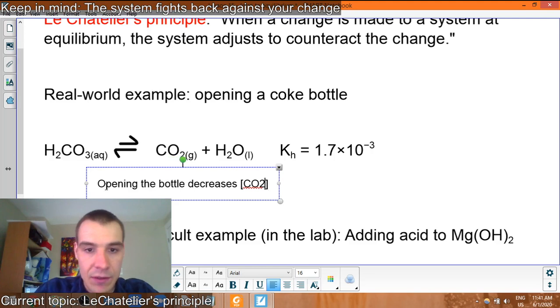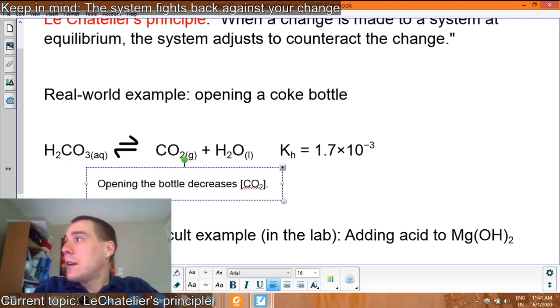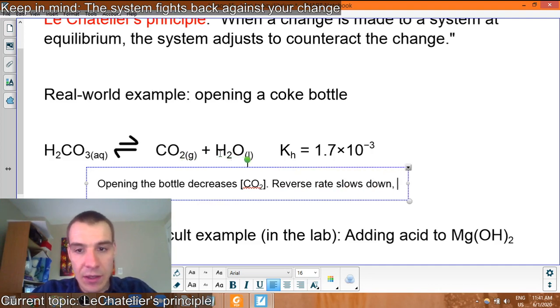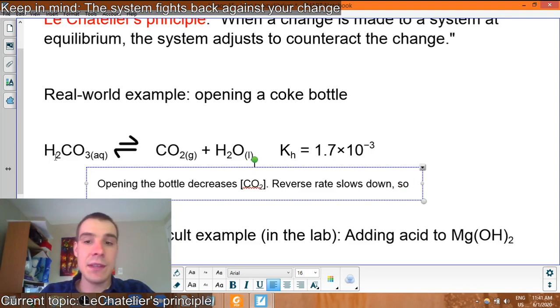Because it decreases the amount of CO2, now this reaction slows down, so the reverse rate slows down. Then the amount of H2CO3 is going to decrease.